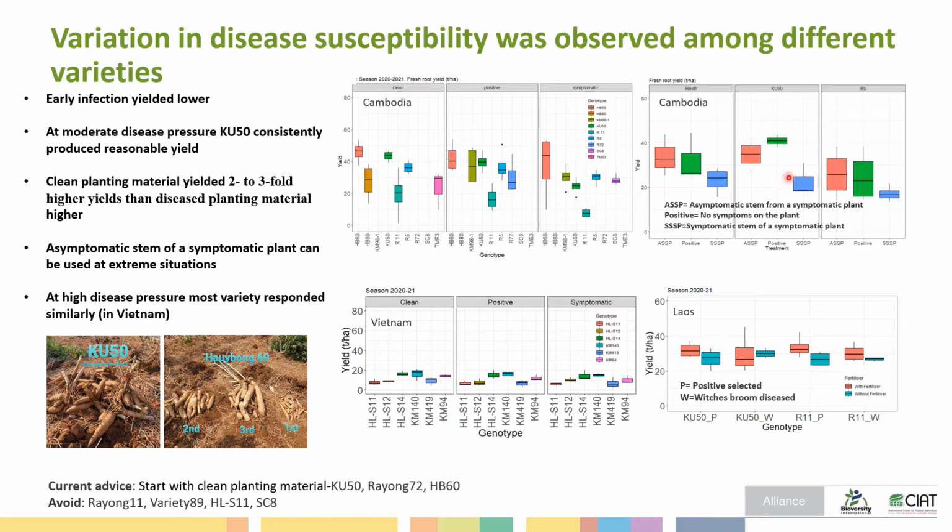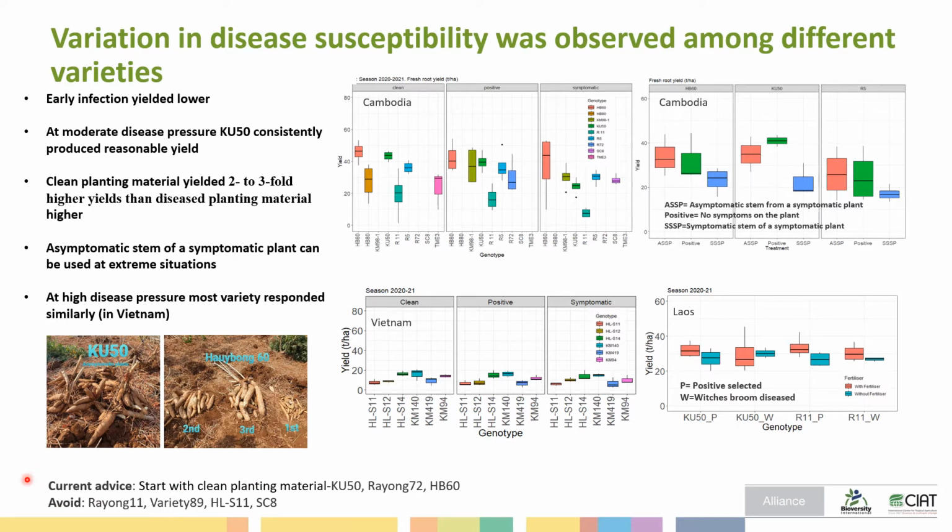That's what we have seen in this experiment. At higher disease pressure, varieties responded similarly in Vietnam. You can see it here. But it still showed that KU50 is doing better.